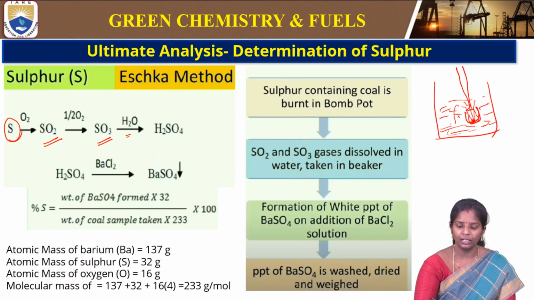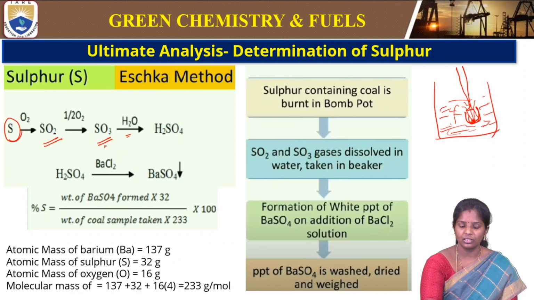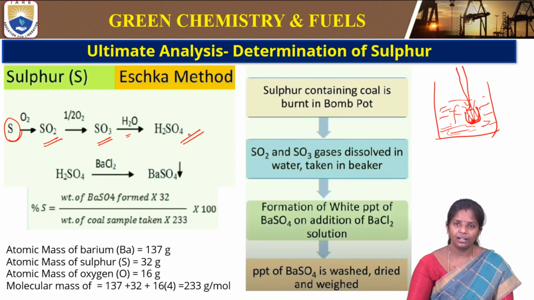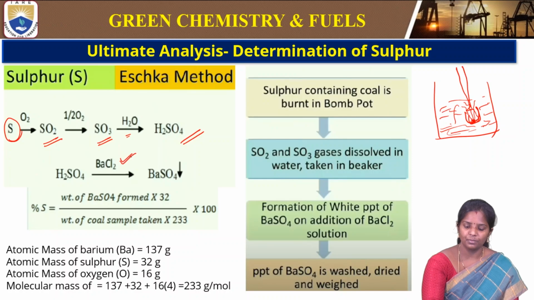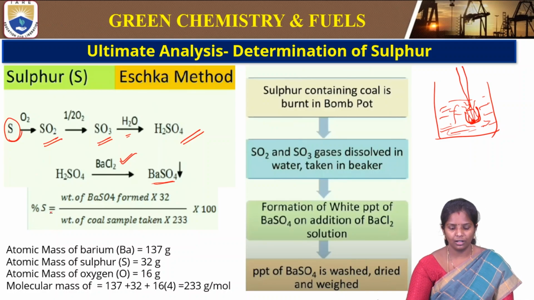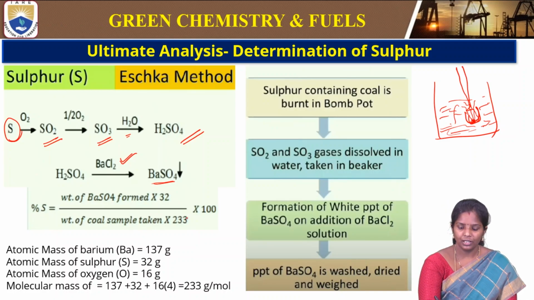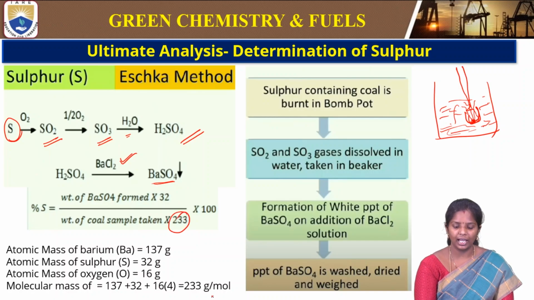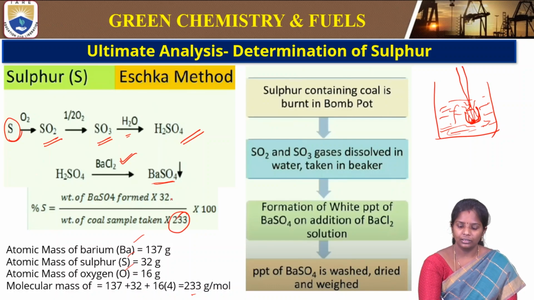When sulfur dioxide and trioxide dissolve in water, they form sulfuric acid. This sulfuric acid, on reaction with barium chloride, forms barium sulfate, and then the percentage calculations are done. The molecular weight of barium sulfate is calculated from the atomic masses of barium, sulfur and oxygen, which is 233 grams per mole, and 32 is the atomic mass of sulfur.